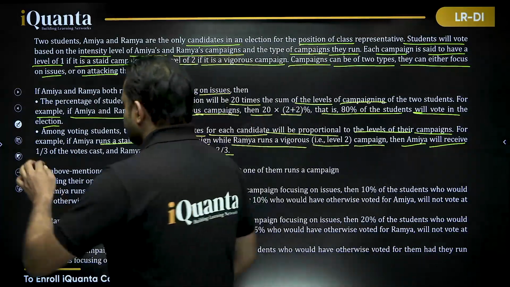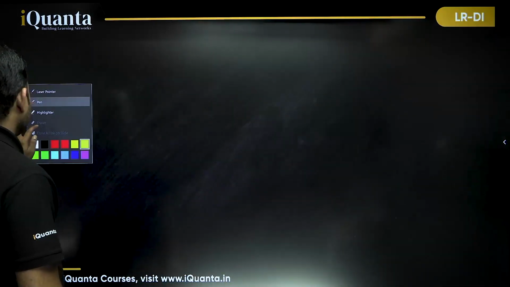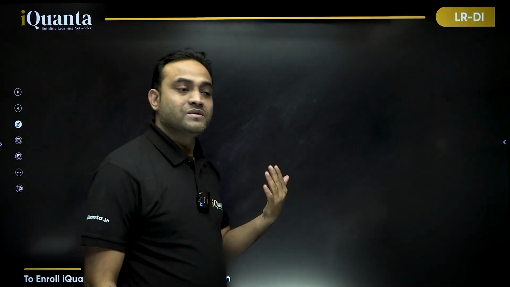So what do we need? We have Amia and we have Ramya.